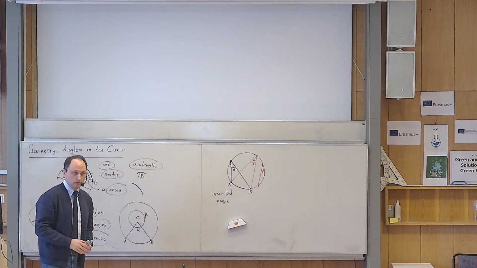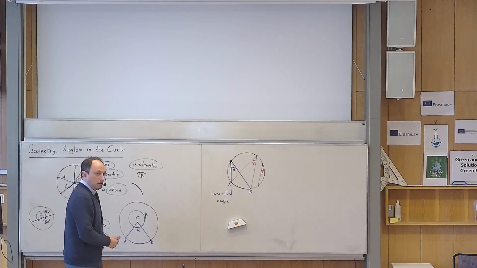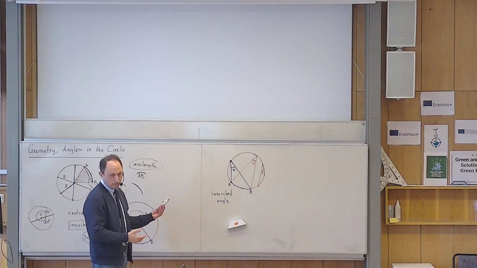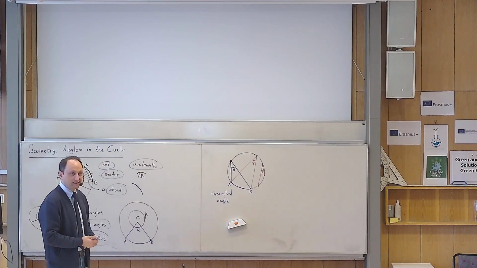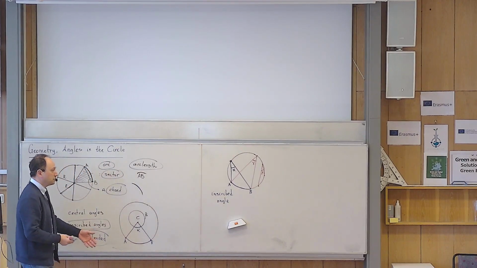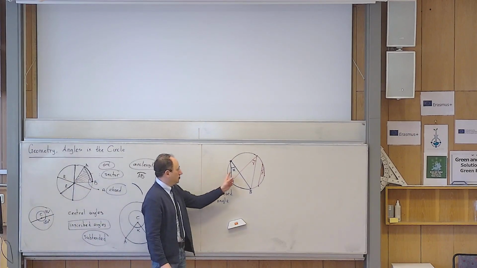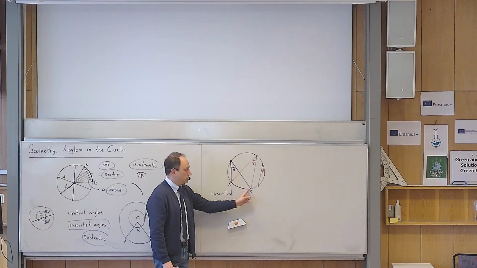Yes, questions? Omar? I was going to guess what inscribed meant. Okay. Subtended is a word; it means opposite here. If I ask you which arc is opposite to alpha, you will show me this arc.